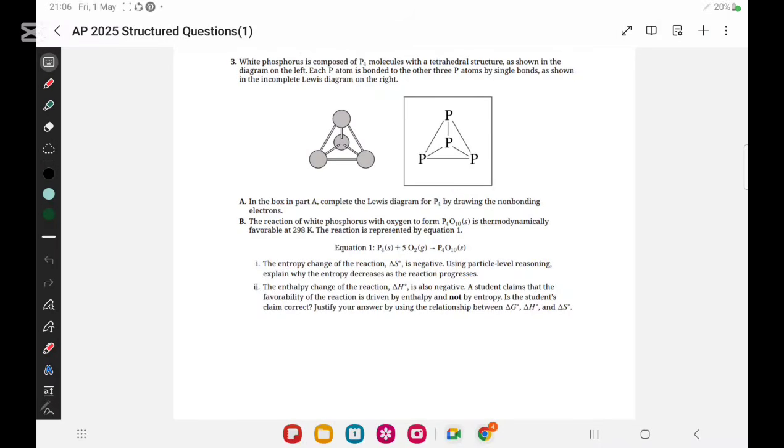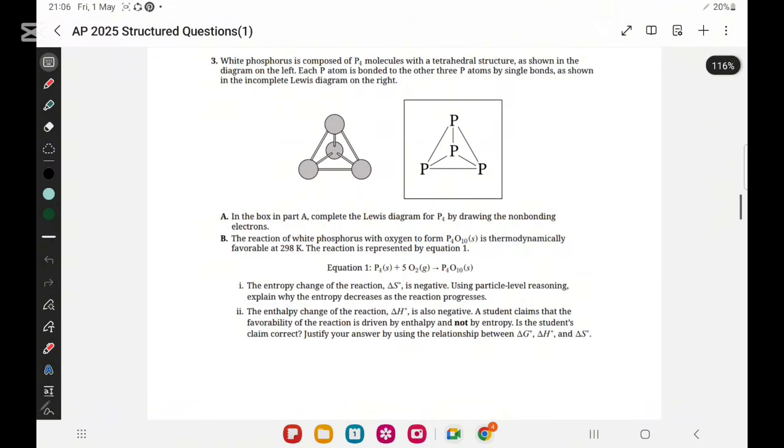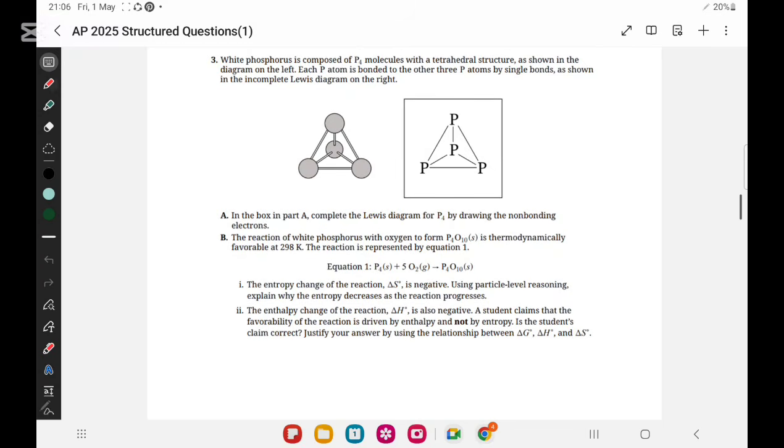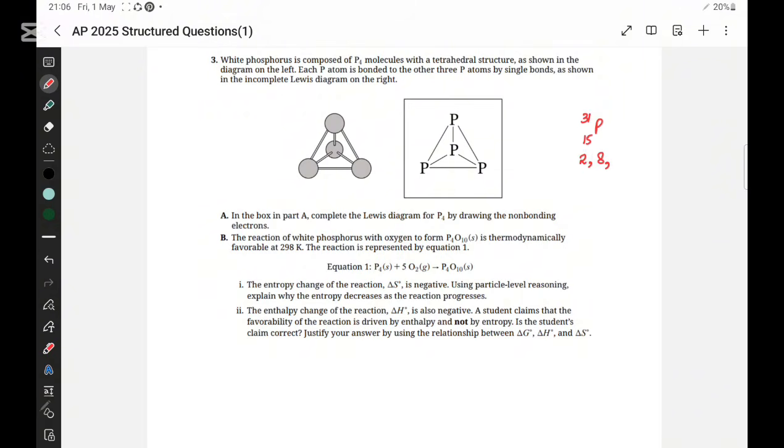Next question, they are saying white phosphorus is composed of P4 molecules with a tetrahedral structure as shown in the diagram on the left. Each phosphorus atom is bonded to 3 other phosphorus atoms by single bonds. So we have to complete the diagram by drawing the non-bonding electrons. First of all, we know that phosphorus is 1s2 2s2 2p6 3s2 3p3. Phosphorus's first shell has 2 electrons, second 8, and the last one is going to have 5 electrons.